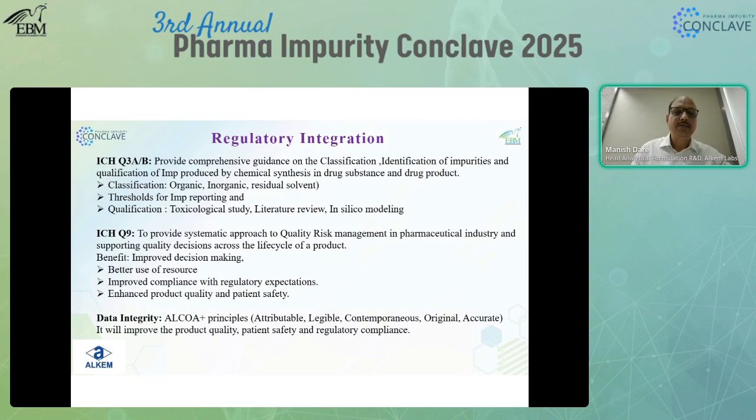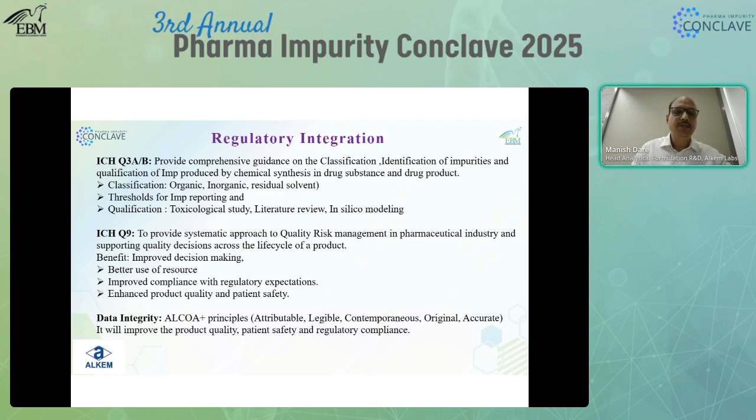And as per ICH, the threshold of the impurity should be reported, and the qualification, if the impurities are well within the ICH guideline. Otherwise we have to do the toxicity study and prove that the impurity would be safe or similar to the innovator product.